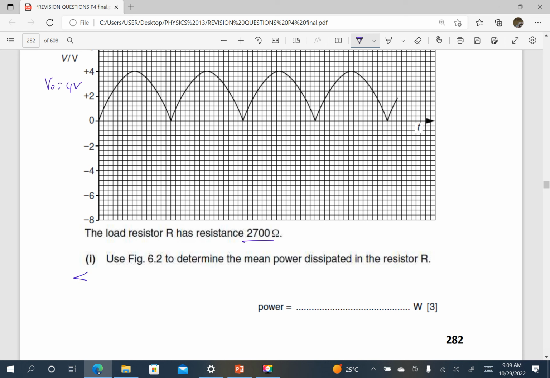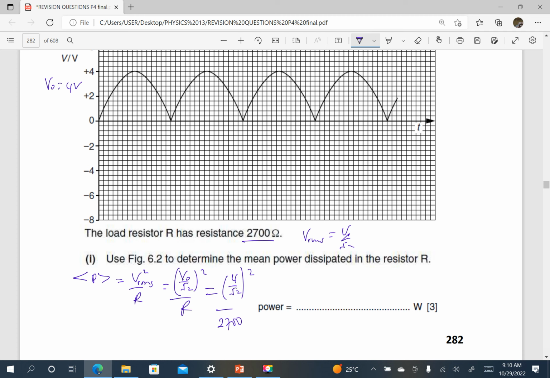So average power is going to be equal to V squared over R, but we shall use root mean square values. And remember, V root mean square is equal to V naught over root 2. So this will be V naught over root 2, squared, divided by R. So we now substitute: V naught is 4 over root 2, squared, divided by R, which is 2700.